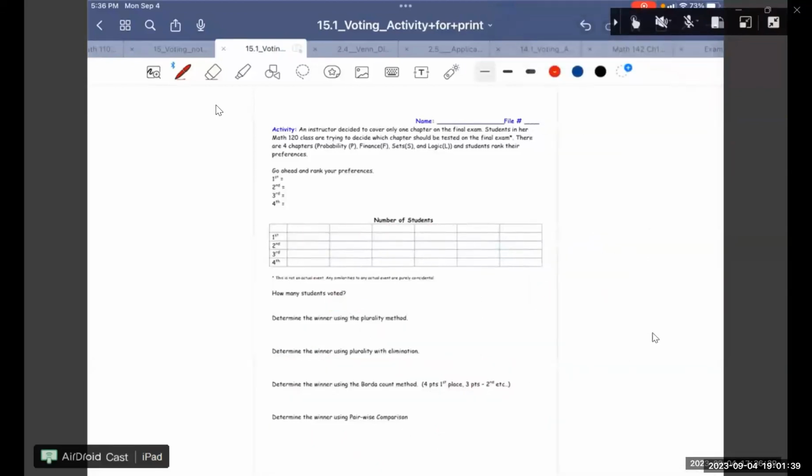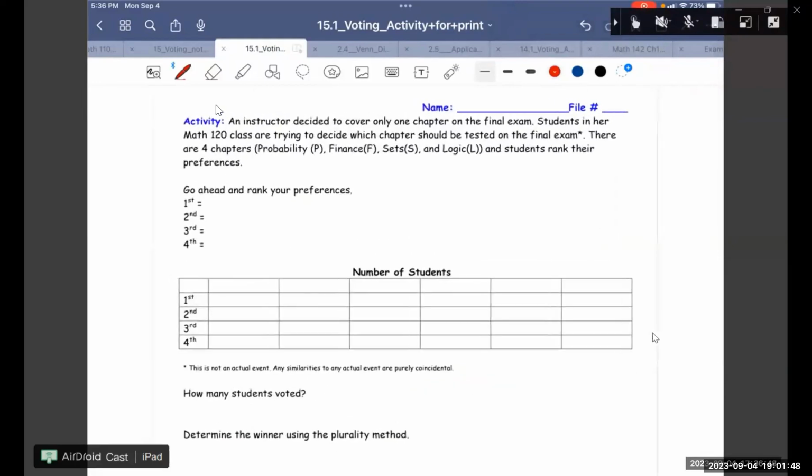Okay. So the next one, we can have an activity an instructor designed to cover only the chapter final sample, in the Math 140, 142 class.